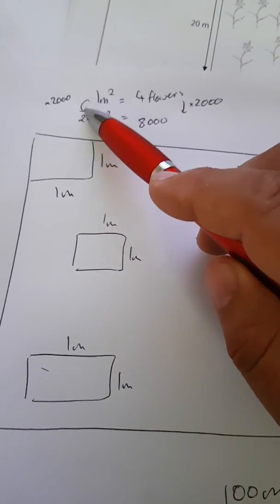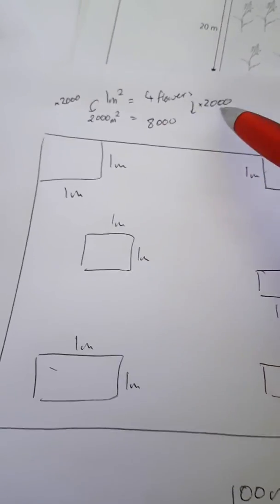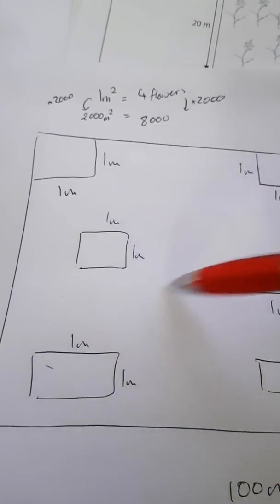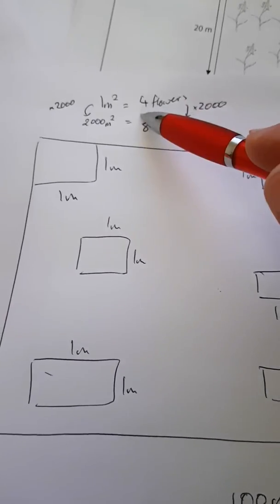So if we're multiplying this side by 2,000, we have to multiply this side by 2,000. So the number of flowers we should expect after carrying out this random sample using quadrats and making an average, we should expect approximately 8,000 flowers in this whole area.